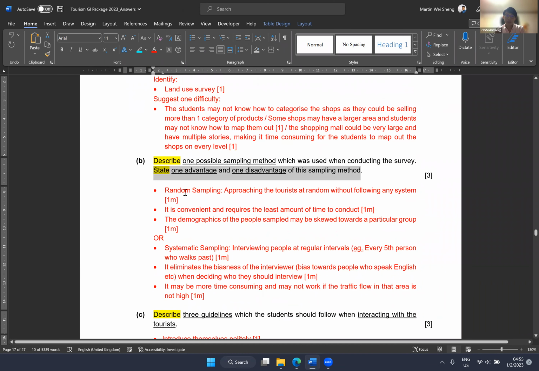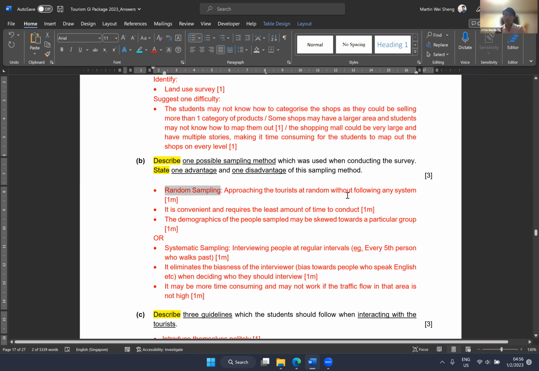So, possible answers. First one would be random sampling. The students describe the possible sampling method, so you must say random sampling, then how it was carried out. You cannot just write random sampling and full stop, then you won't get the mark. So you can say the students carry out random sampling. They did this by approaching tourists at random without following any system.